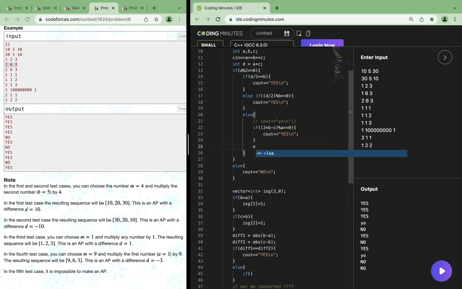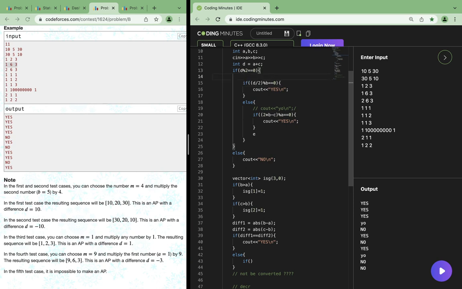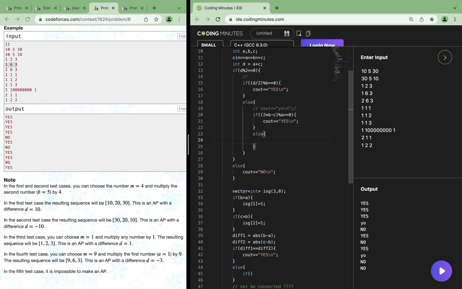And we can just do it this way because it includes that condition that d by 2 is equals b. And else, if we cannot, then just check if we can convert 2 into, let's just make some brackets and just copy this statement and just replace the value of c to a, and this should be c.